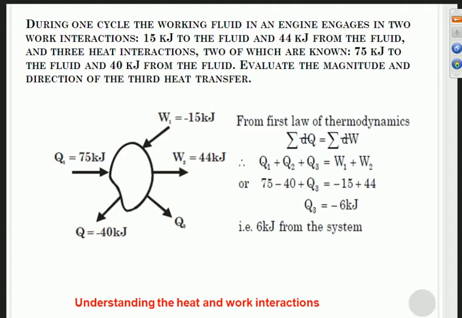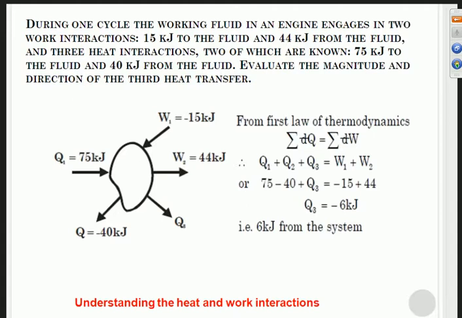And three heat interactions, two of which are known: 75 kilojoules into the system, and 40 kilojoules from the fluid, that means outside the system. Evaluate the magnitude and direction of the third heat transfer, that is Q3.